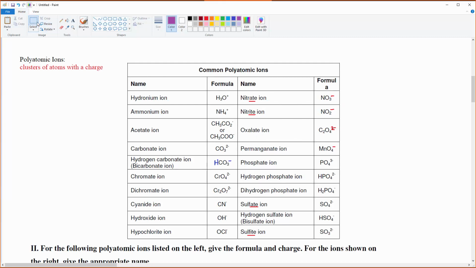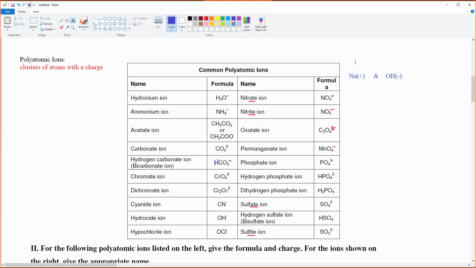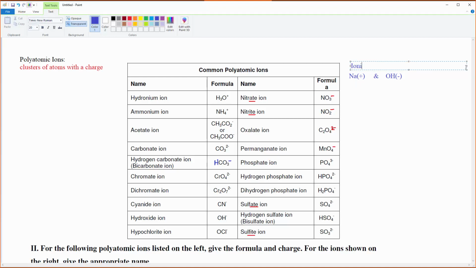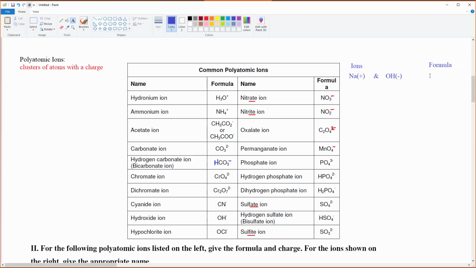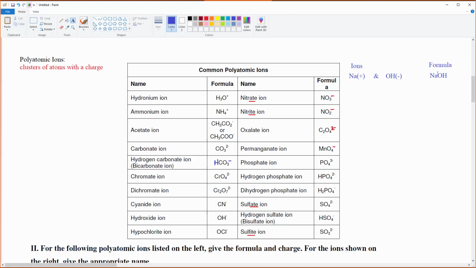So if we do that up here, let's say I'm making a compound between sodium, which is a +1, and hydroxide, which is a -1, what would that formula look like? Just Na and OH, because you do 1 and 1. And again, we put the cation first and the anion second, right?